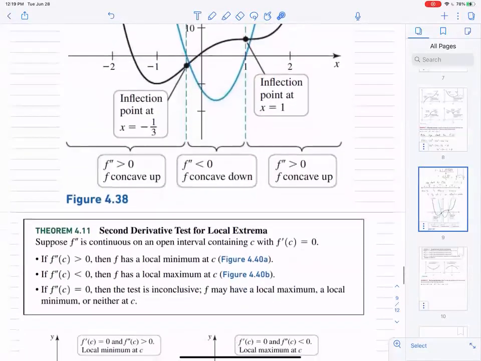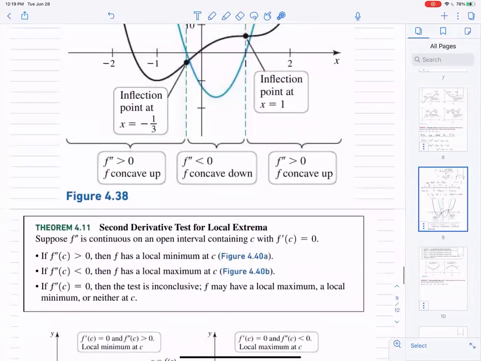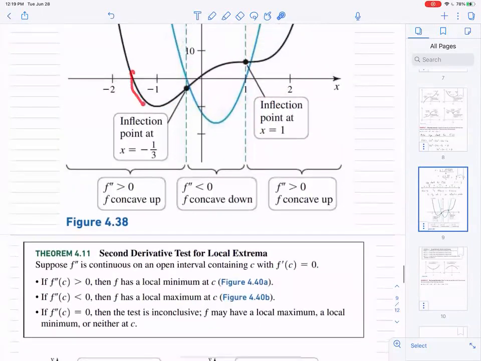And so this gives us the second derivative test. The second derivative test tells you that if the first derivative is 0, so you have a horizontal tangent line, and you have concave up, then it's a local min. Concave up, local min. If it's concave down, it would be a local max. And if the second derivative is 0, then the test is inconclusive.